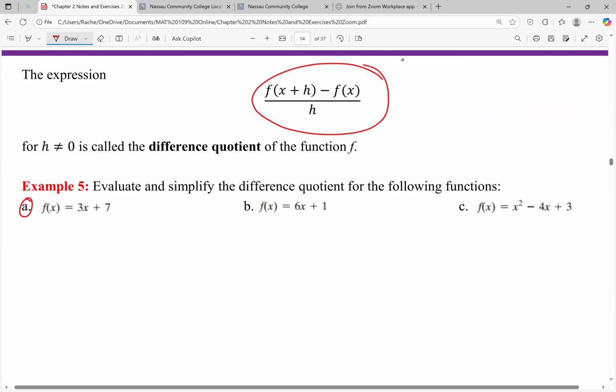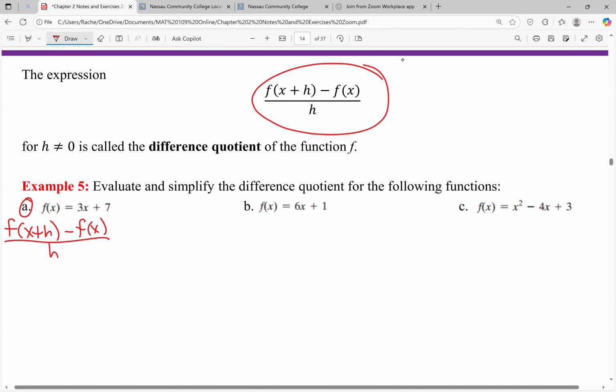We want to find and simplify the difference quotient. If my function in A is f of x equals 3x plus 7, we want to find and evaluate f of x plus h minus f of x, divided by h. First we have to find f of x plus h, which is just evaluating the function at x plus h.